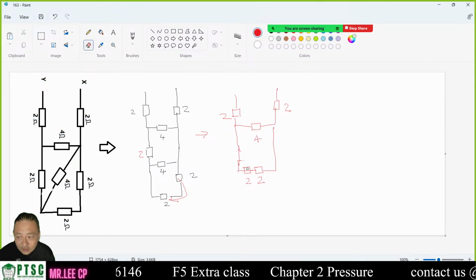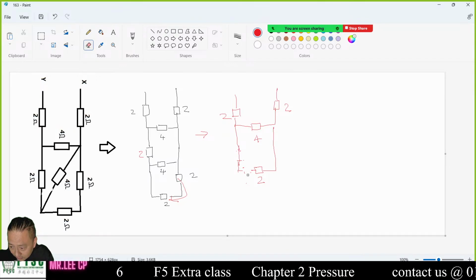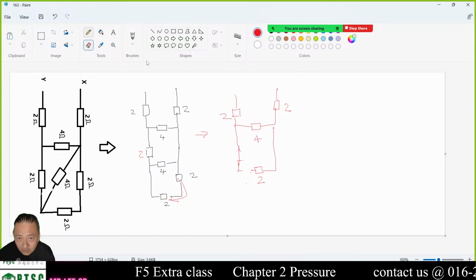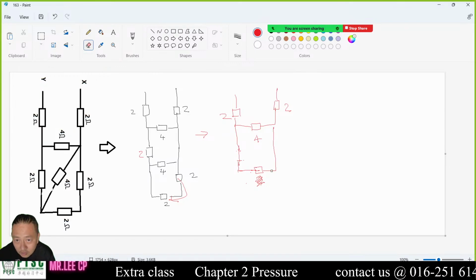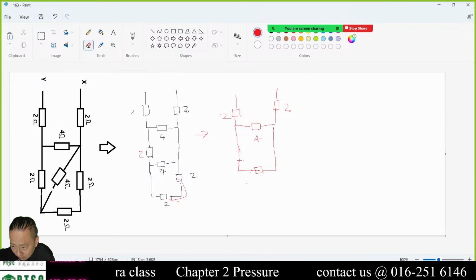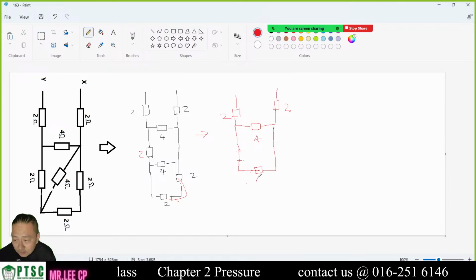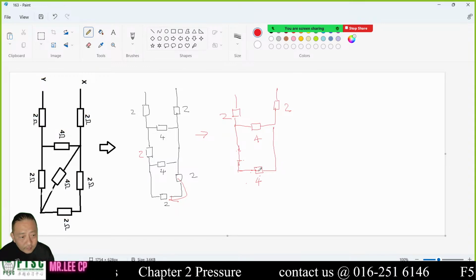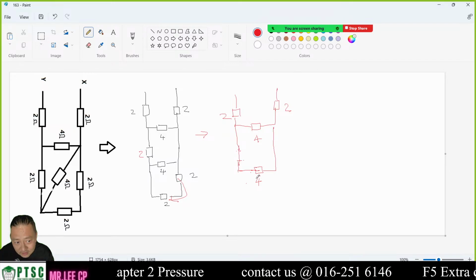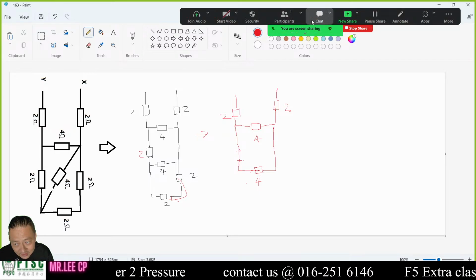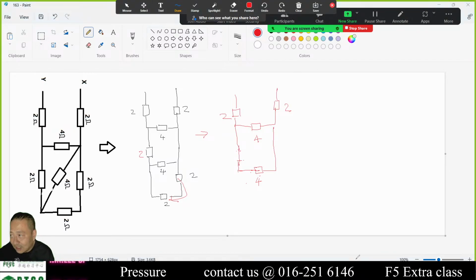So this one becomes 4. 4 and 4, these two are in parallel.